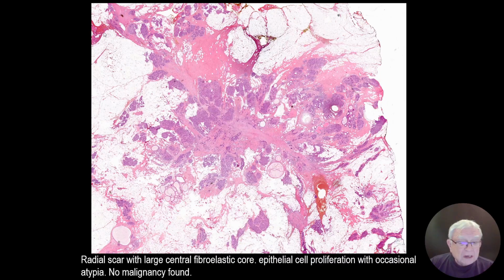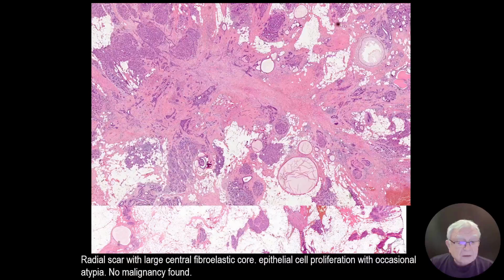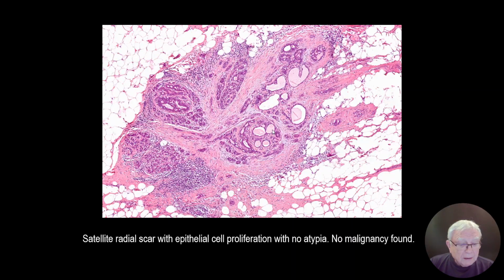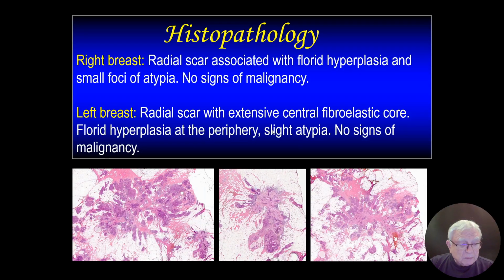You have to see the whole thing here, the entire thing. What do you think this is? This is where the core biopsy was sliding, leaving scar behind. Proliferation, no atypia. Florid hyperplasia. Relax, don't scare the patient.